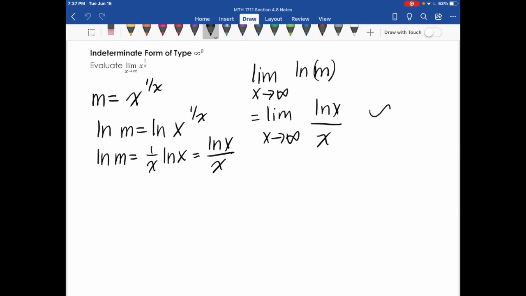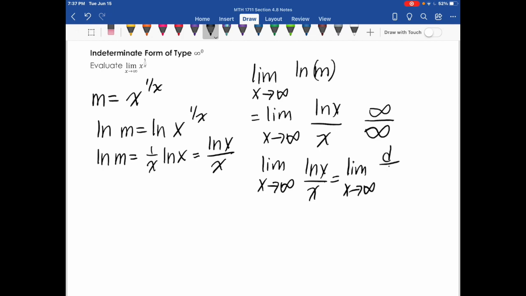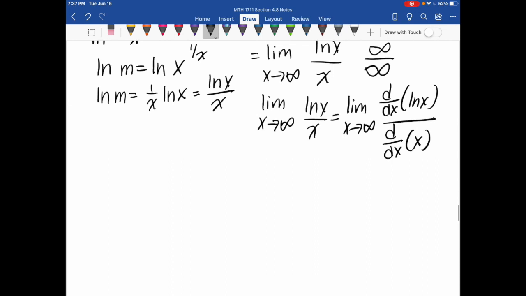And now we can apply L'Hopital's rule because we have a situation where we have infinity over infinity. So I can say the limit as x approaches infinity of the natural log of x over x is equal to the limit as x approaches infinity of the derivative with respect to x of natural log x over the derivative of x with respect to x.